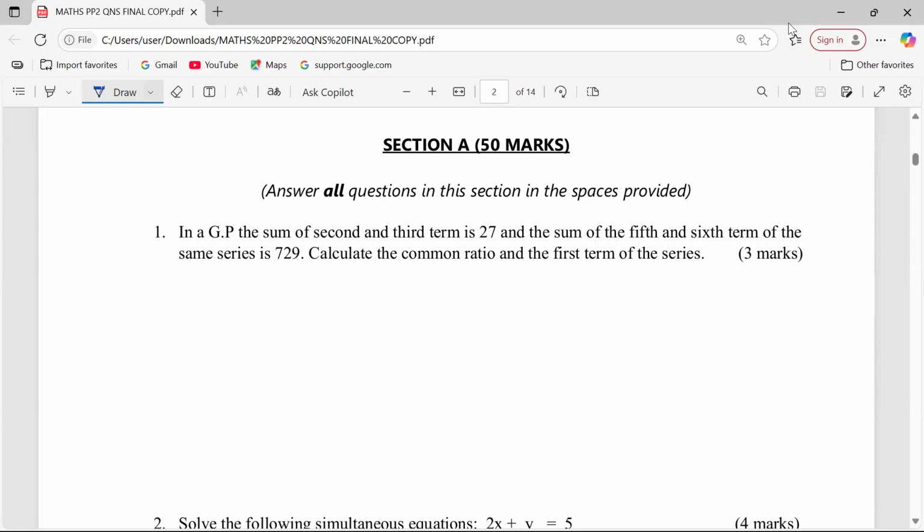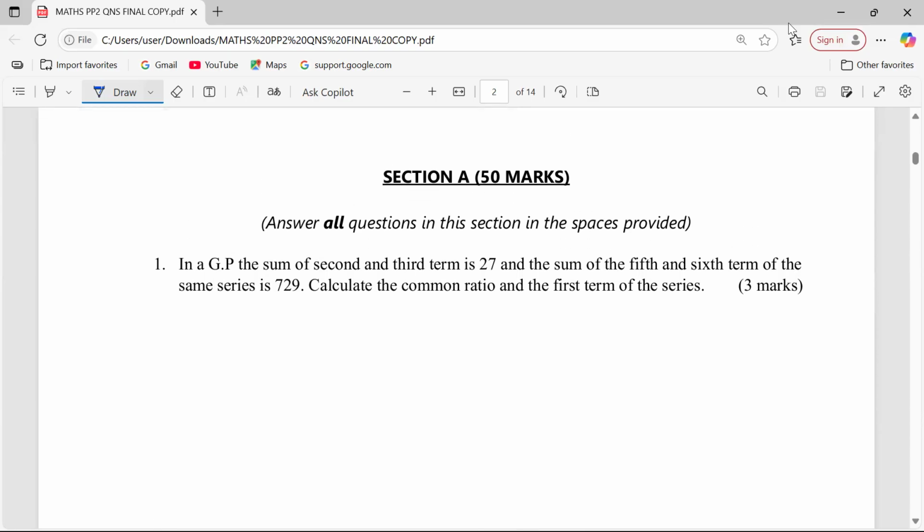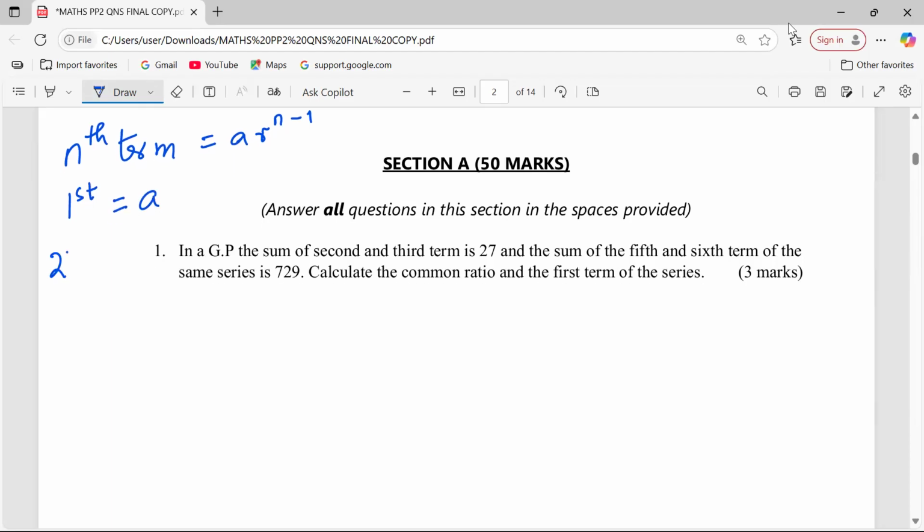We're supposed to know how nth terms are gotten for the different types of series. For example, the nth term in a GP is usually given by the first term multiplied by the common ratio raised to the power of n minus 1. So the first term will be given by A, small letter a. The second shall be A R to the power 1.